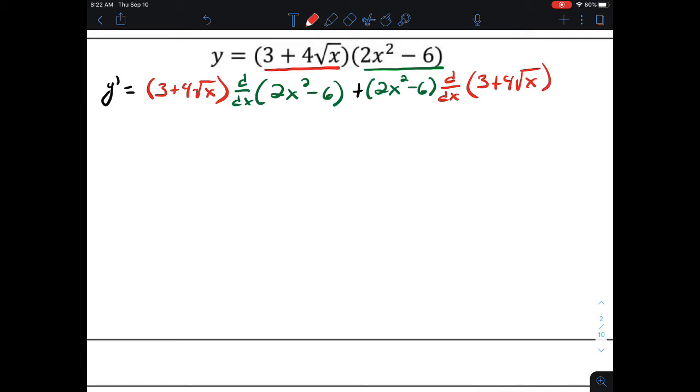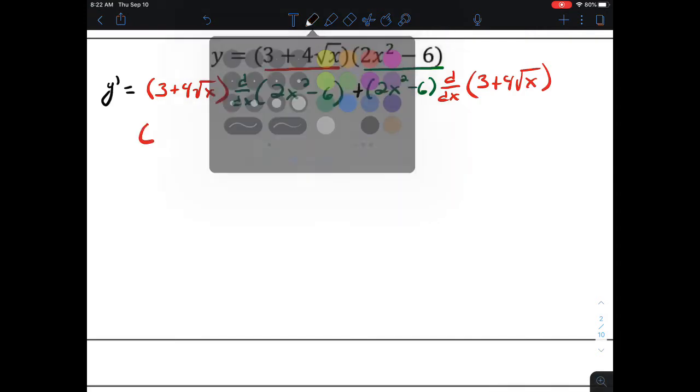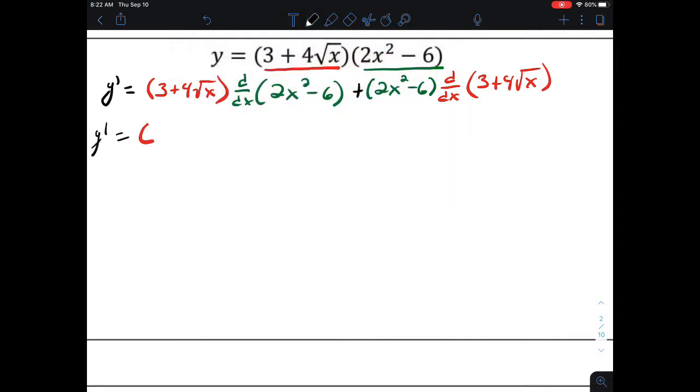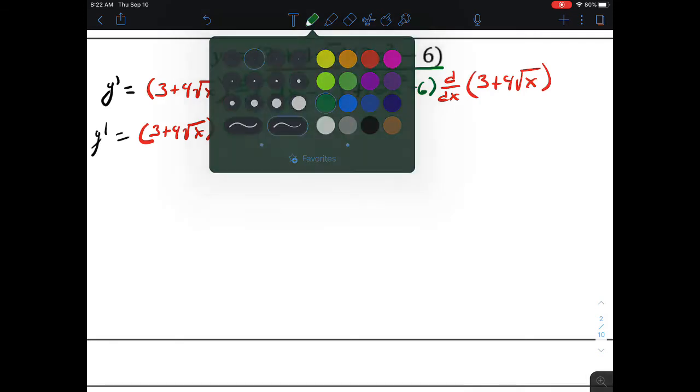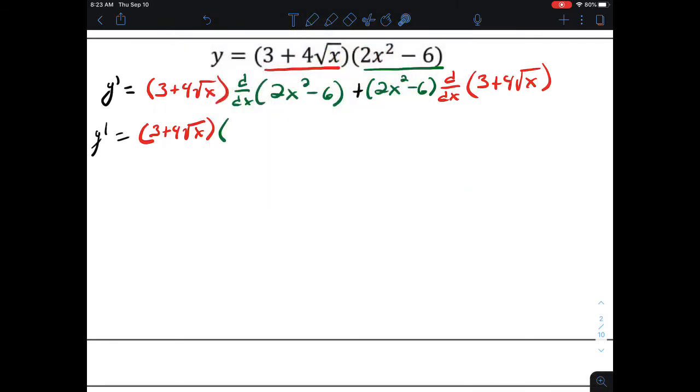Now I can see what I'm supposed to take the derivative of, and now we go to work. So in my next line, y prime is going to equal, first, 3 plus 4 times the square root of x, times the derivative of the second. Well, the derivative of 2x squared minus 6, I can do the power rule.